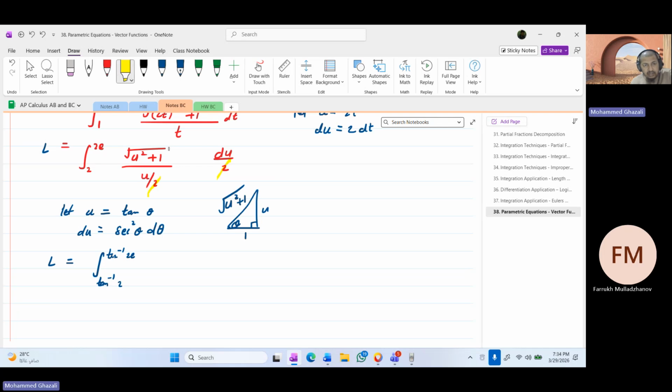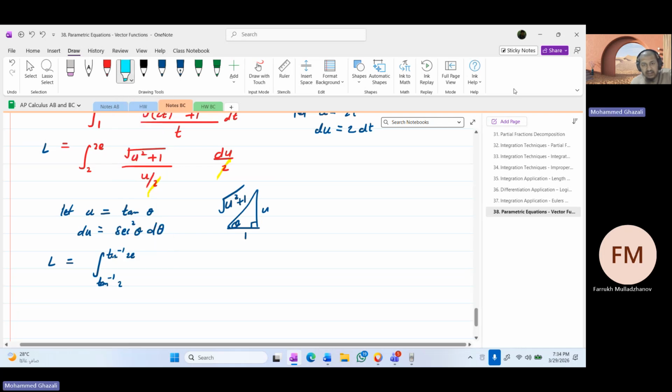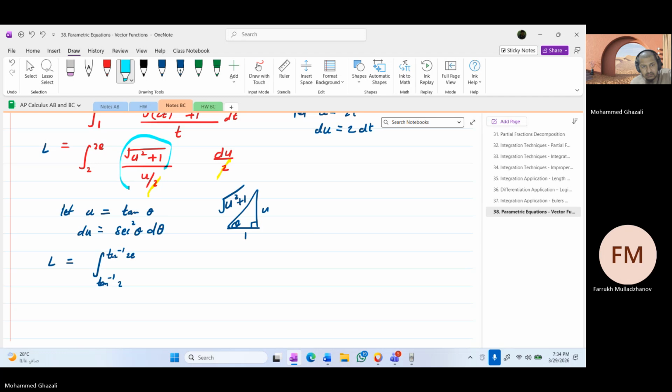Look at what you have in the integrand. The square root of u squared plus 1 over u is basically just cosec theta. Not opposite over hypotenuse, but hypotenuse over opposite. That's what you have here. And what is du? du is sec squared theta d theta.